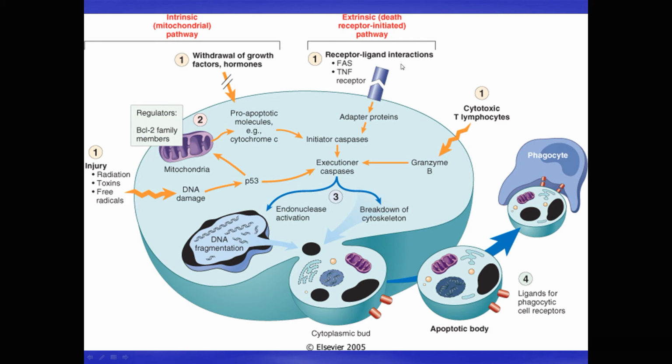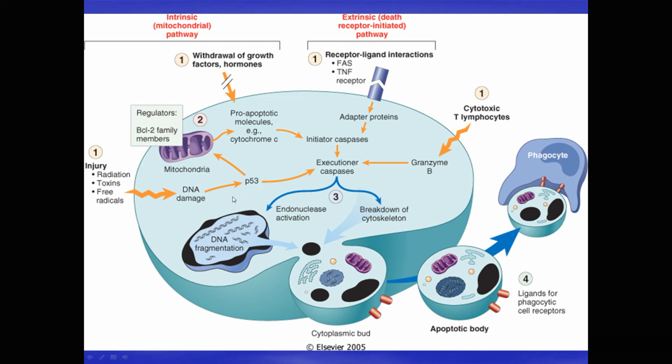A receptor-ligand mechanism, for example between the Fas ligand and TNF binding to a receptor, the so-called death receptor with a death domain, triggers the so-called extrinsic, death receptor initiated pathway. Other factors are stimulating the intrinsic pathway. For example, injuries such as radiation, toxins, and free radicals damage the DNA and thus stimulate the activation of the factor p53.